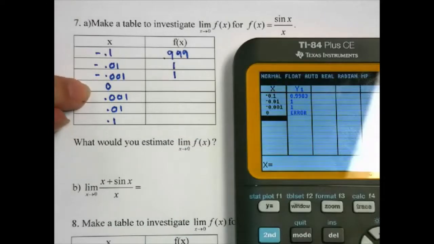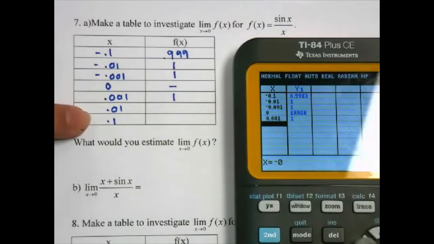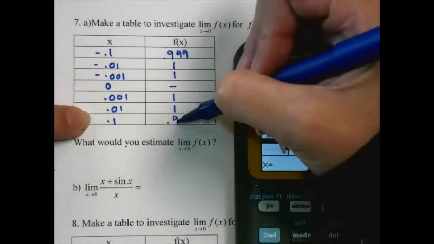If we plug in 0, we get an error. What about 0.001? 1. 0.01, 1. 0.1, 0.99.